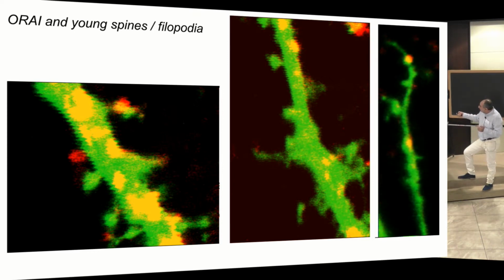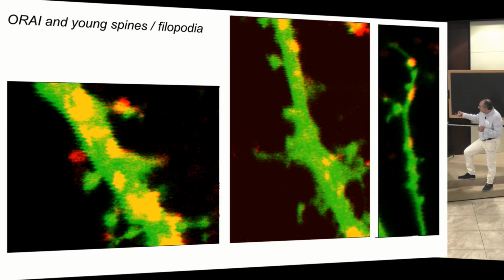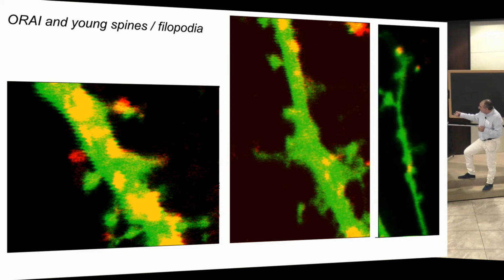And please try to correlate the appearance of these protrusions with, I will play it again with your permission, try to correlate the appearance of these protrusions with the presence of ORI puncta there.